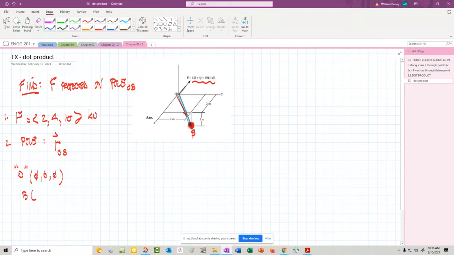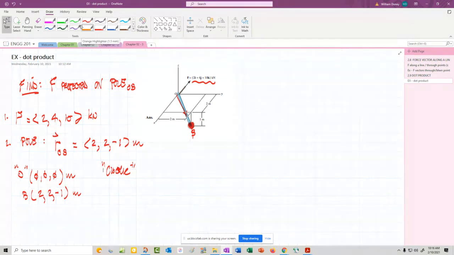And B is going to have coordinates of 2, 2, minus 1, and that's meters. So our position vector here, going from the origin to B, we take the B coordinate and subtract the origin from it. That becomes really easy. That vector becomes 2, 2, minus 1. Nice when things are from the origin.